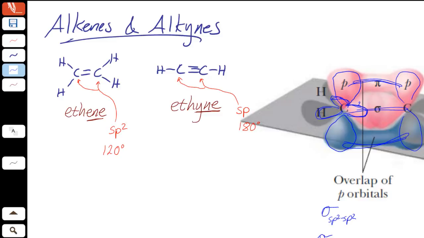That pi bond is what explains the fact that double bonds don't rotate. So we did all this stuff with conformations, but when we look at double bonds, which we can make in this kit with these curved things, oops, that's the wrong shape.